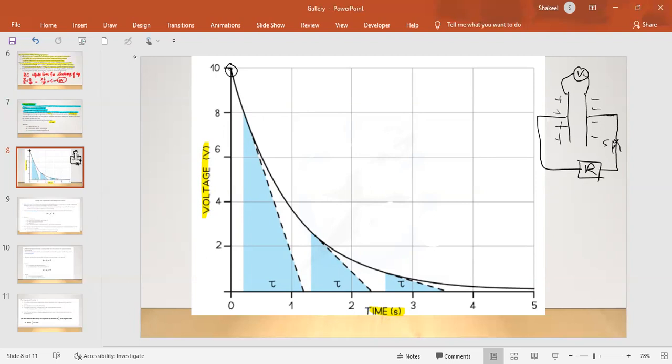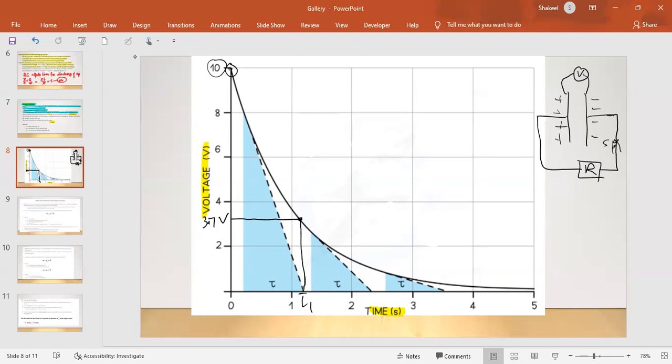So the first thing is that the time constant is actually the time by which the value decreases to 37% of its original value. Let's say this is the first time constant, by which the value decreases to 37%. Let's say here the value is 3.7 volts.